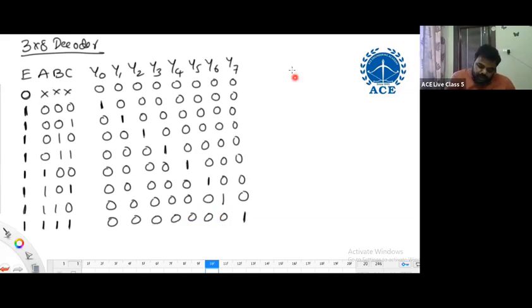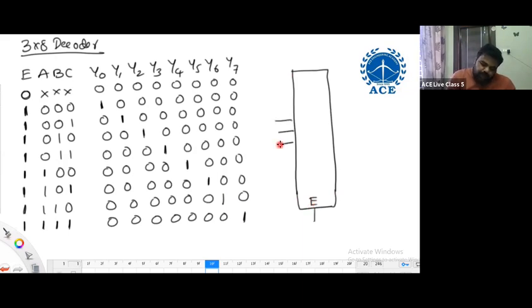And the representation has the enable signal, and here it is ABC. Then in total we get 8 outputs: Y0, Y1, Y2, Y3, 4, 5, 6, 7.